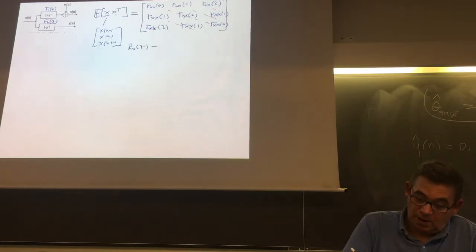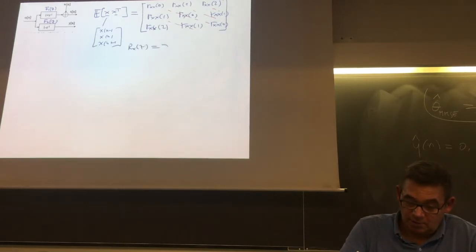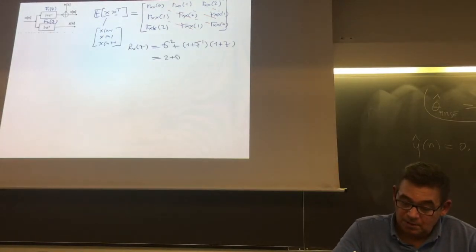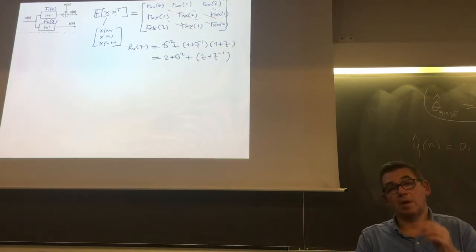Rxx of z: we calculate it as sigma w squared plus (1 plus z to the minus 1)(1 plus z), so it is sigma squared w plus 2 plus z plus z to the minus 1. That's the alpha.